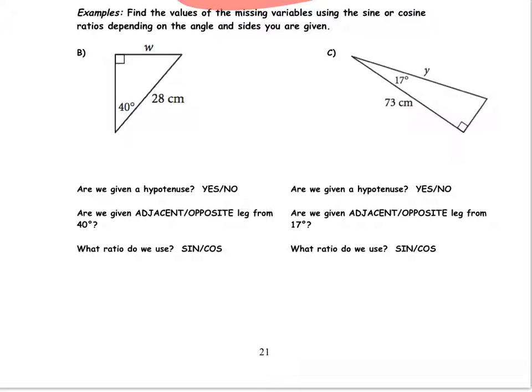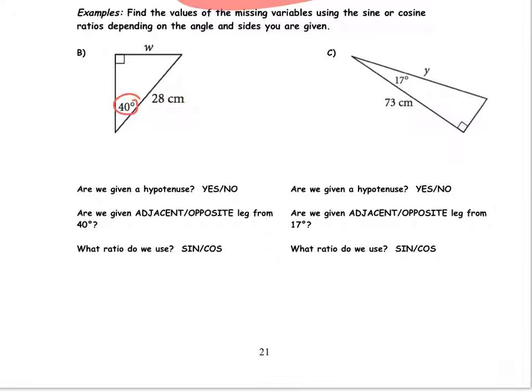All right, so what we're going to do is set up a trig function, okay, and use it in order to solve for the missing side length, okay? All right, so right away, first thing that I always do, based upon our angle measure, 40 degrees, I label my sides as opposite, adjacent, hypotenuse. So what's the 28?